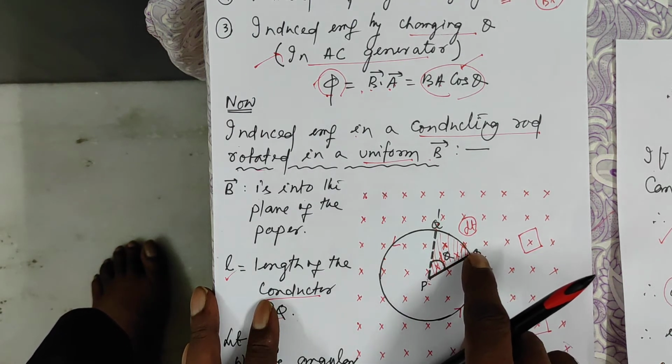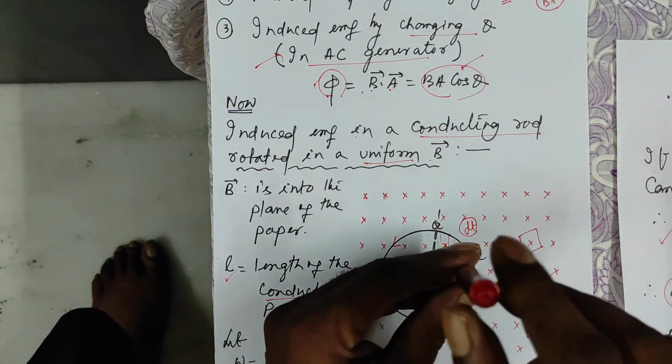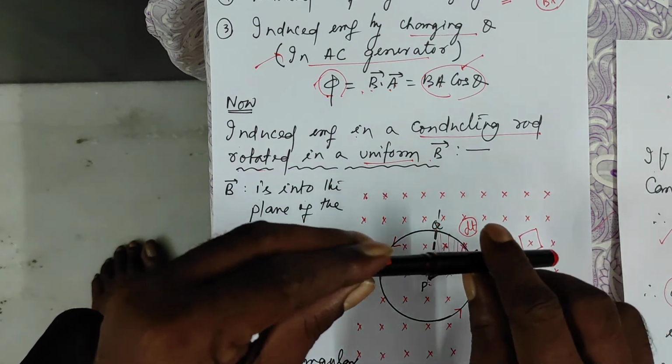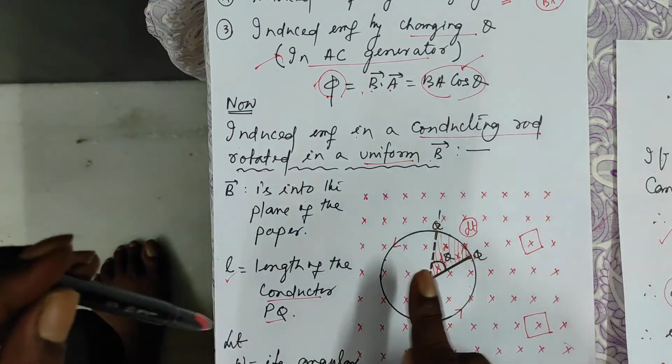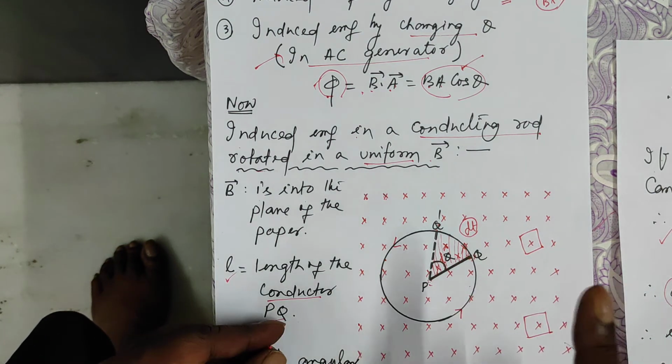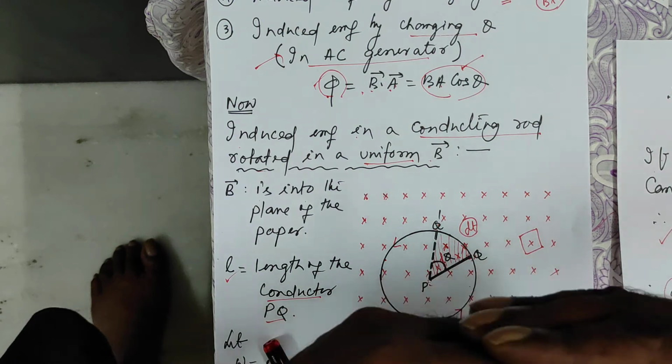If PQ, instead of rotating in a horizontal plane, rotates in a vertical plane like this, then it will create an area in the vertical plane.